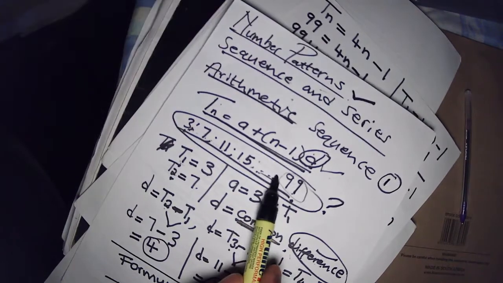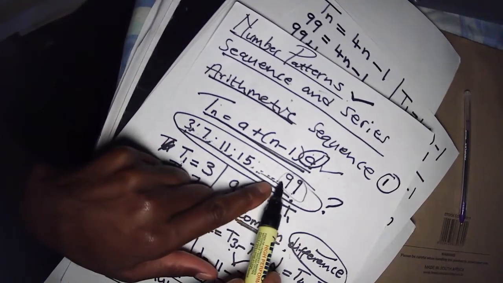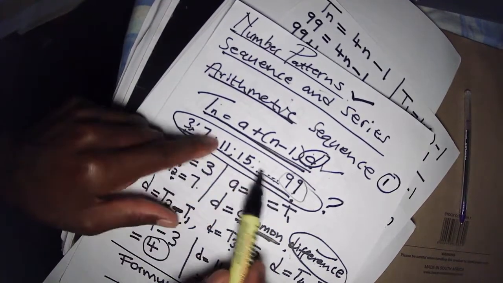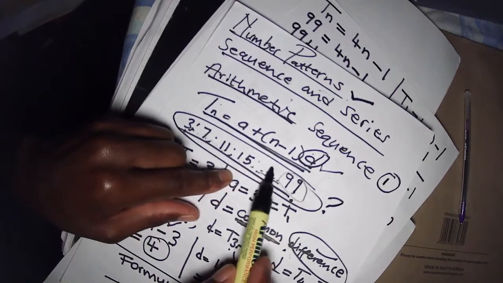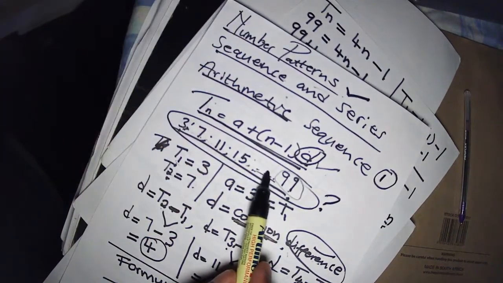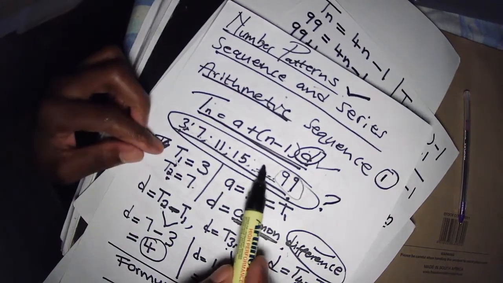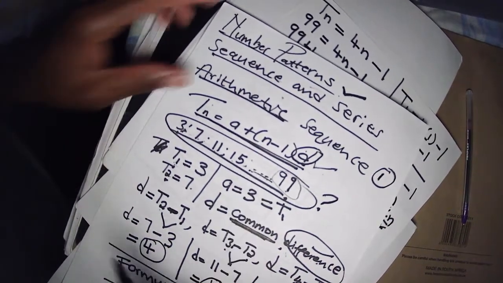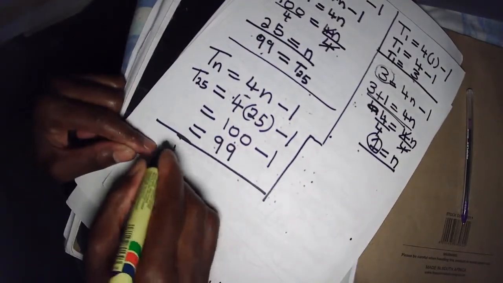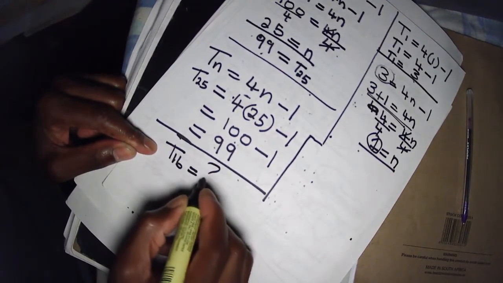We know 98 is term number 24 going down, but what about, let's say, T16? Let's just give an example like that. T25, we know it's 99. What is T16 equal to?